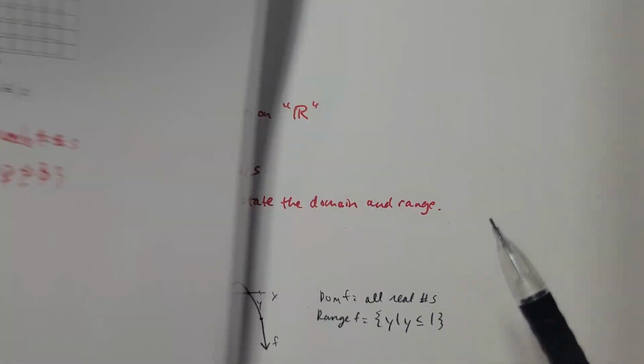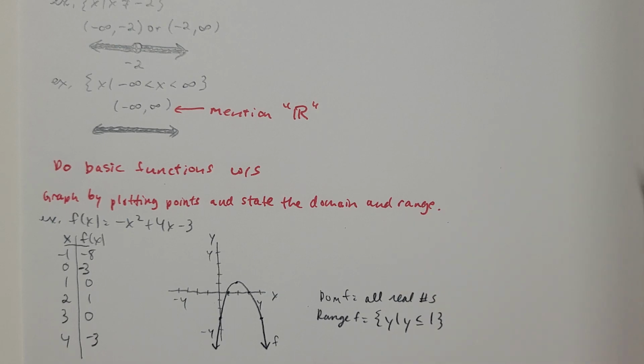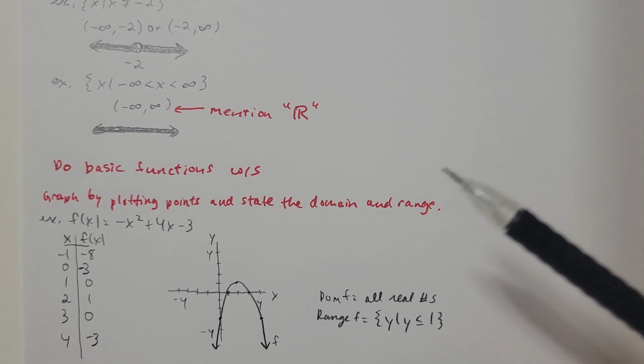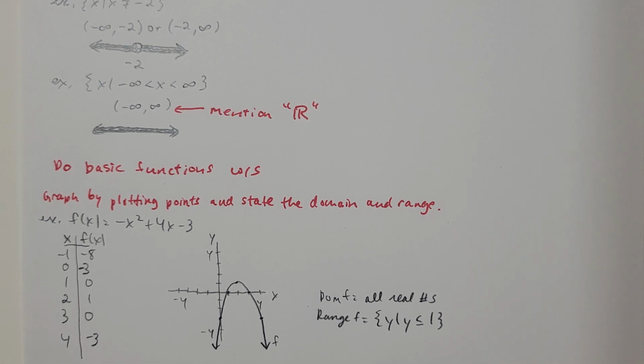But they had the graphs of the basics in section 1.1. They're not actually calling them by name though until section 1.2, right? So anyway, there's that worksheet again, okay?